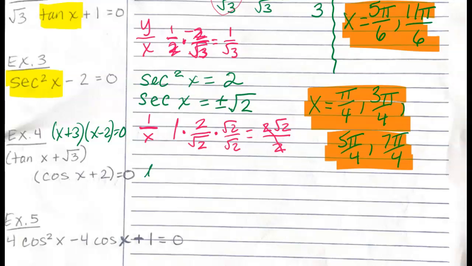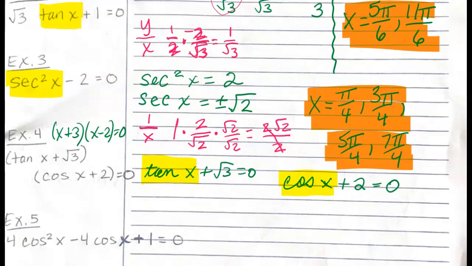We say tangent x plus square root of 3 equals 0, and cosine x plus 2 equals 0. And remember, in this case, you're just solving for tangent x. In this case, you're solving for cosine x. And you're actually solving them separate from each other, not the same.